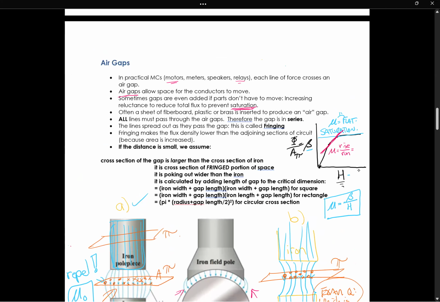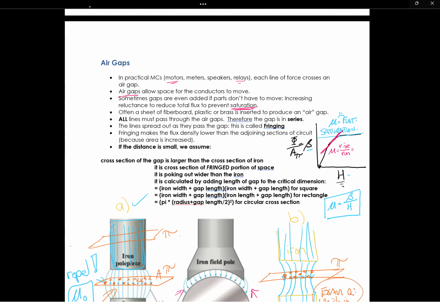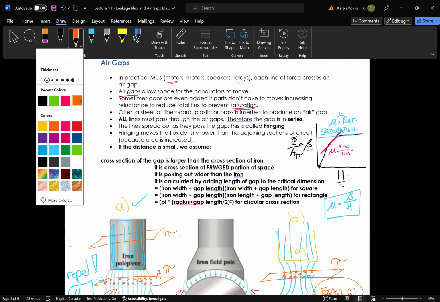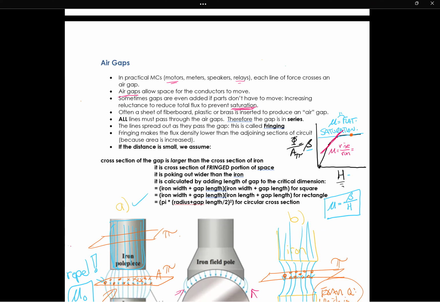So sometimes we put a gap in a magnetic circuit. If we don't have a gap, we'll be way over here and we will be less permeable, and we've kind of ruined our magnetic circuit. So sometimes we add a gap so that our permeability is in this range. Add gap.